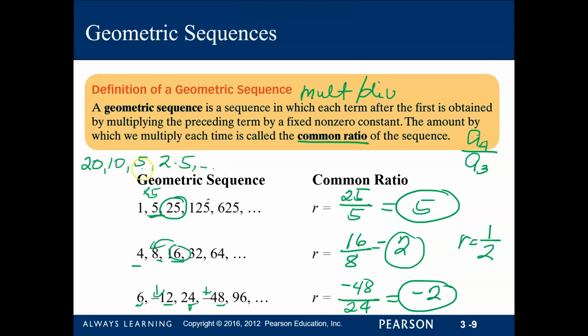We follow the rule for the common ratio: 10 over the previous term, which is 20, gives us a common ratio of 1/2. You can check that every time you divide by 2, you get the next number. So if your common ratio is an integer, the pattern is multiplication. If the common ratio is in fraction form, especially if the numerator is 1, then you are dividing.